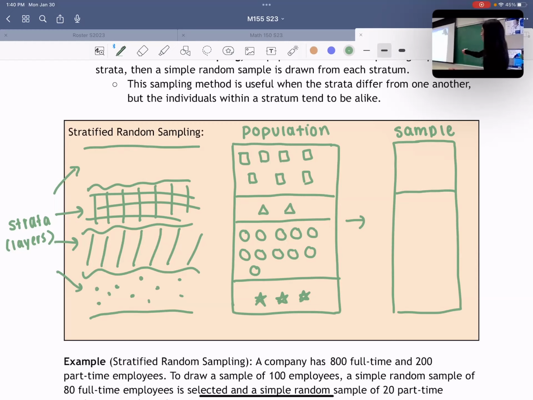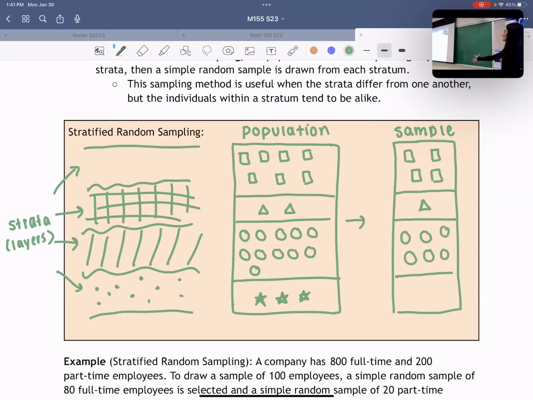Yeah, right, because I want to represent the population. So if I have a lot of squares in my population, I'm at least going to have more squares than triangles in my sample. Okay, so if I have 4 squares in my sample, I should have less than 4 triangles in my sample. If I have a lot of circles in my population, I'm also going to have a lot of circles in my sample. Maybe 5 circles or 6. If I have a medium amount of stars in my population, I'm going to have a medium amount of stars in my sample.